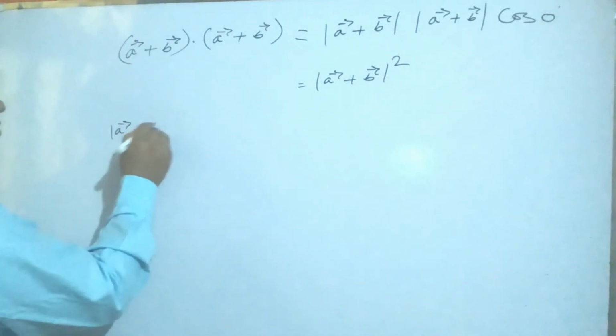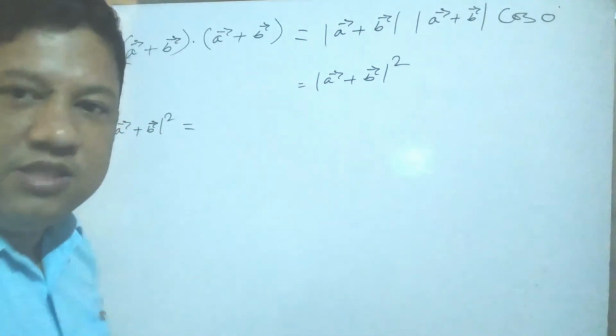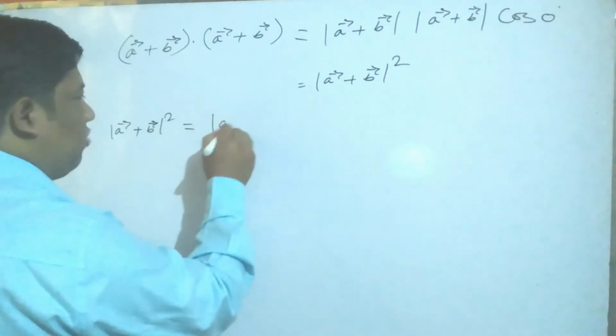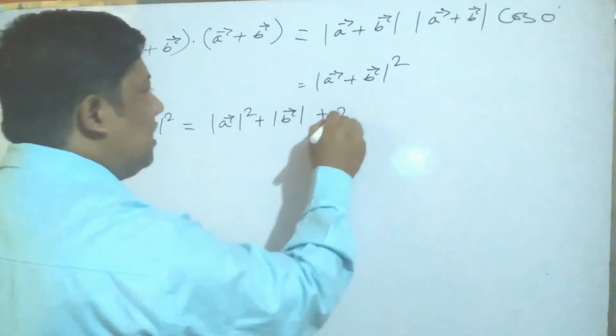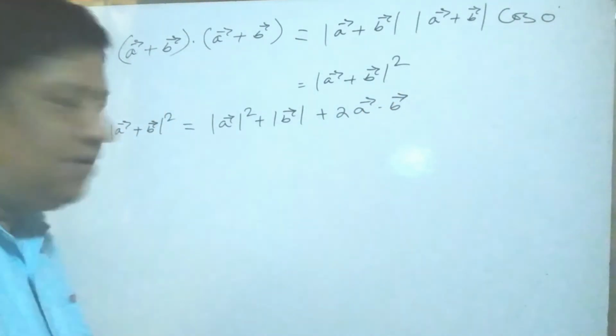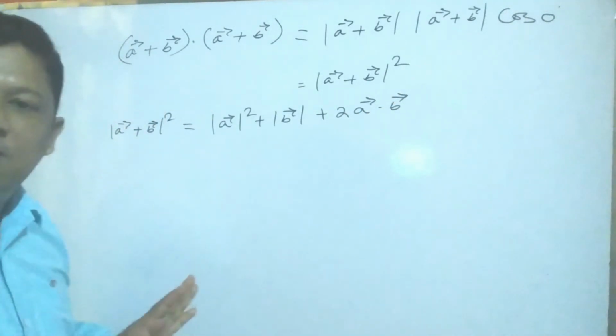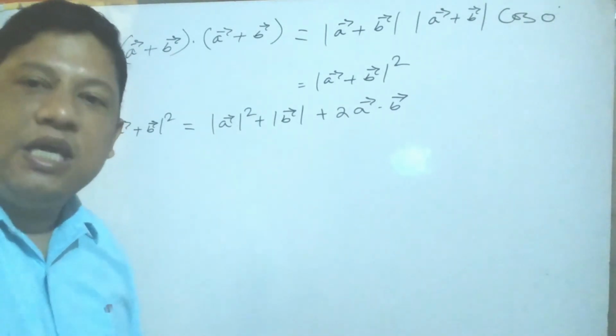Again, if it is modulus or magnitude, you can use the algebraic identities: mod of a square, mod of b square, plus 2a dot b. That means you have a plus b whole square, a minus b whole square, a plus b plus c whole square, a cube plus b cube.